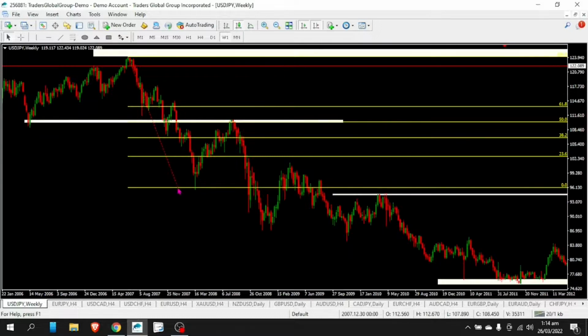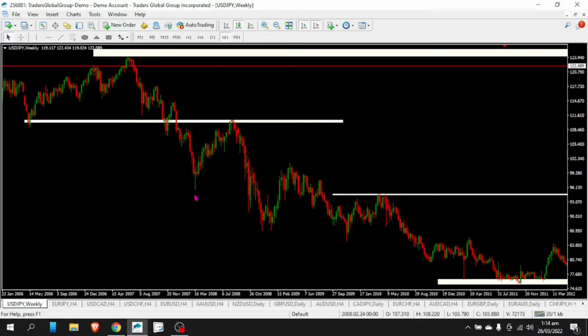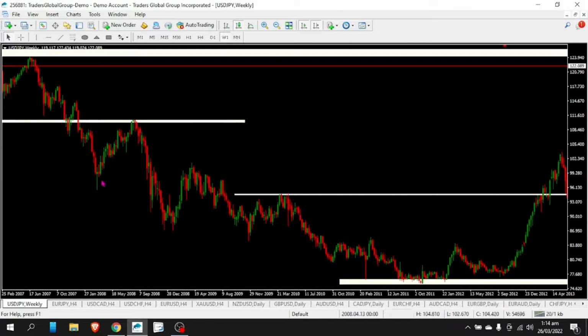Same thing goes for other patterns. Okay, let's say after reaching this resistance, here is a 50.0 ratio, and it then dropped from this level to this level, and then it gives you a reversal chart pattern here.